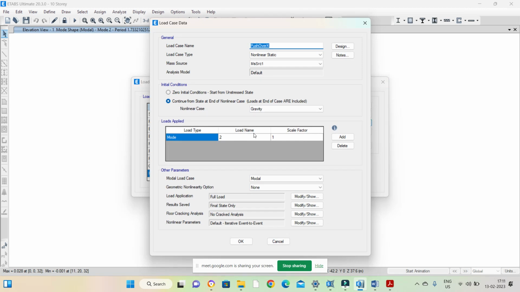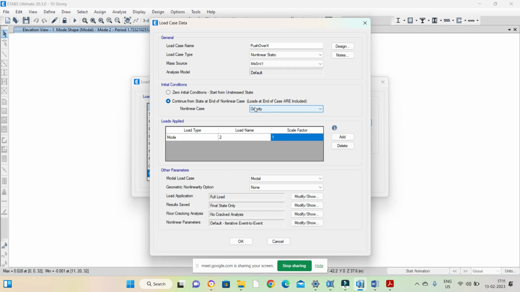So our fundamental mode of x direction was 2 and the scale factor will be 1, and we'll start from the gravity. It means before running the pushover analysis, it will consider the output from the gravity analysis. Whatever load patterns we have defined under gravity, it will consider the output after those load effects.